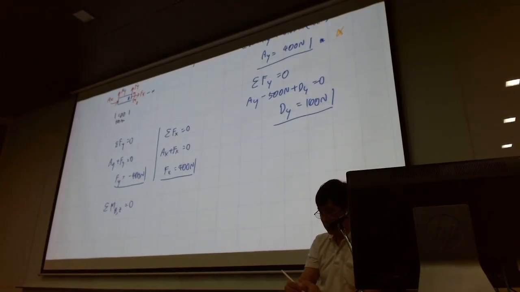So over here, I would get minus 0.1 meter times my ay plus mz equals 0. So mz itself, my ay was 400, so this is 40 Newton meter.